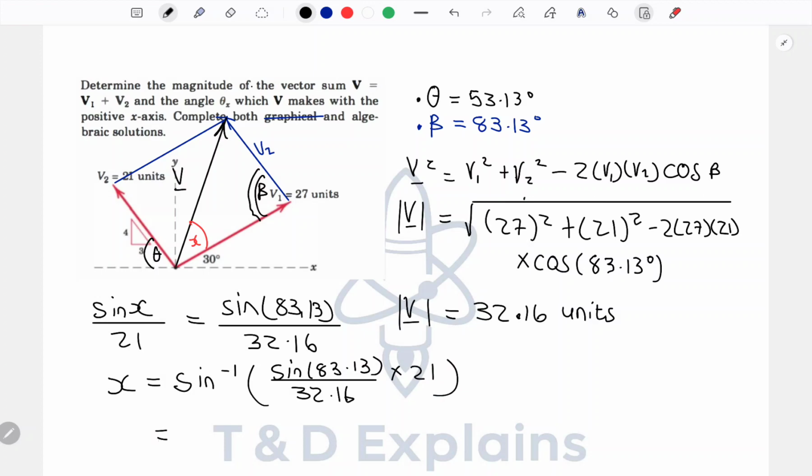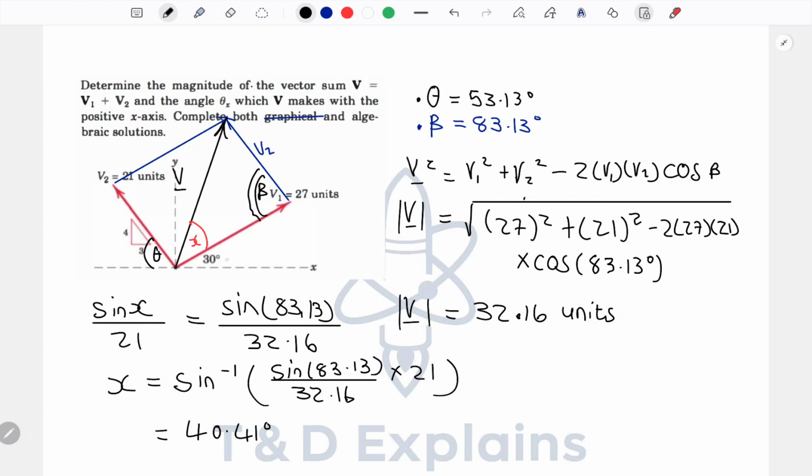Now let's compute. That gives 40.41 degrees.